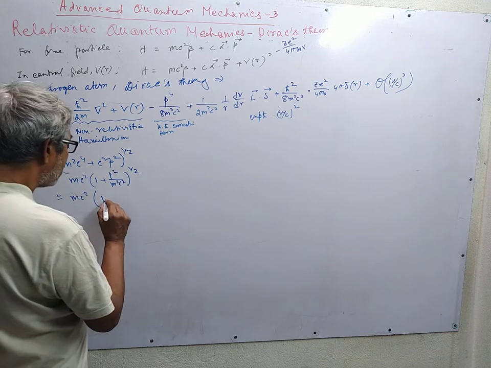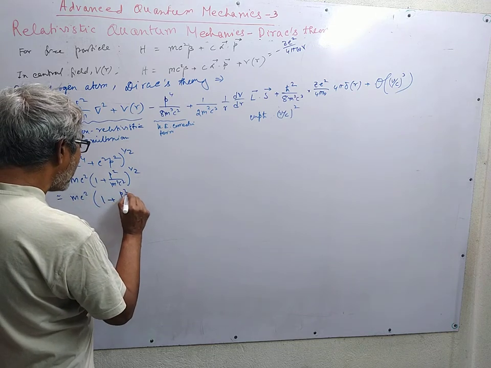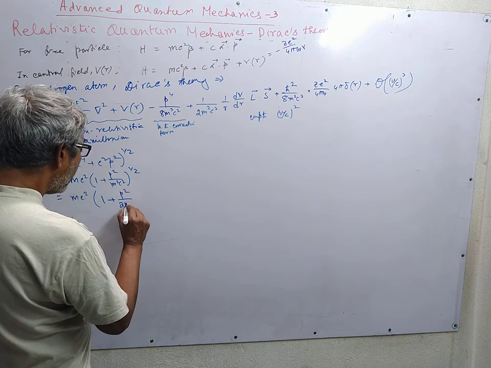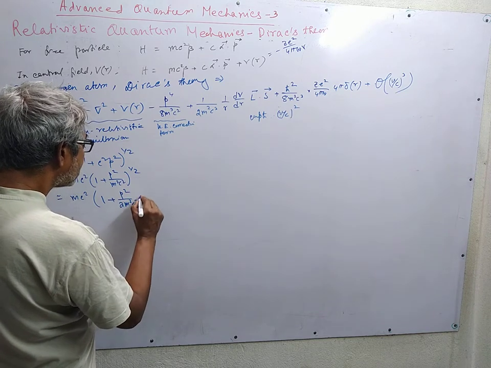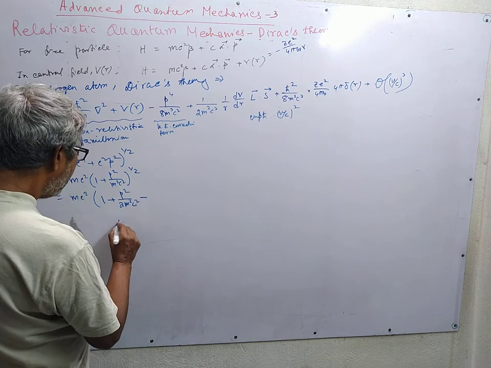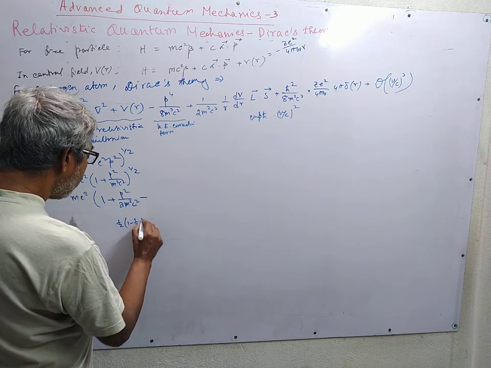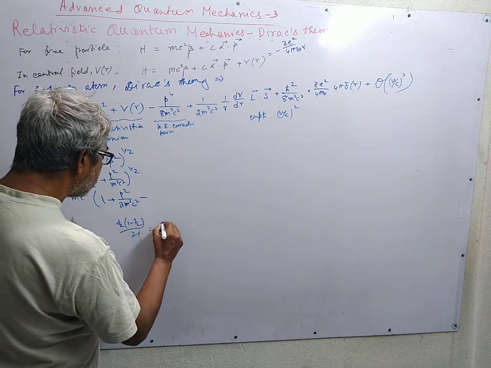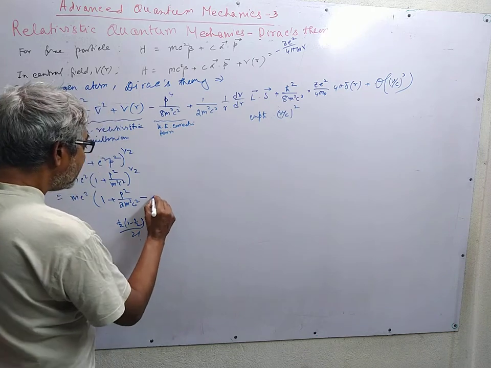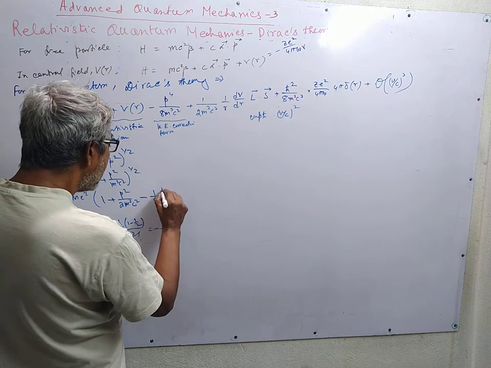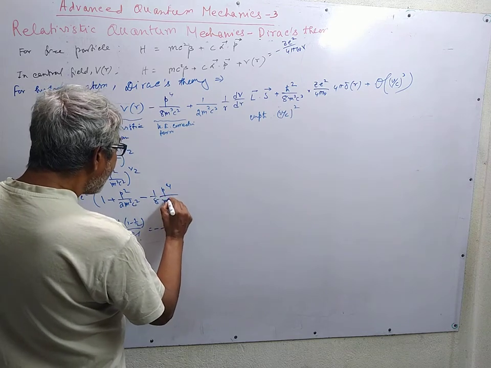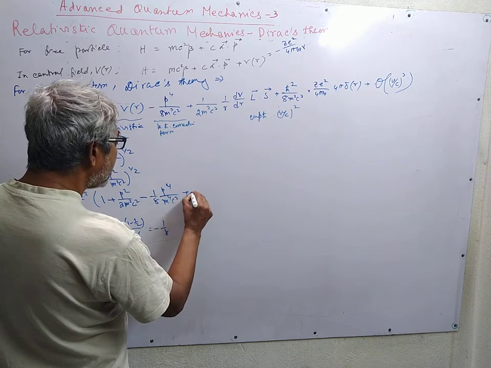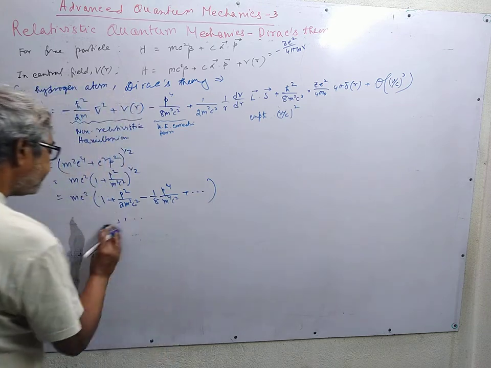The first term is 1, the second term is p square by 2 m square c square, and the third term is half into minus half by factorial 2, so this is minus 1 upon 8, p to the power 4 by m to the power 4 c to the power 4, plus higher order terms.